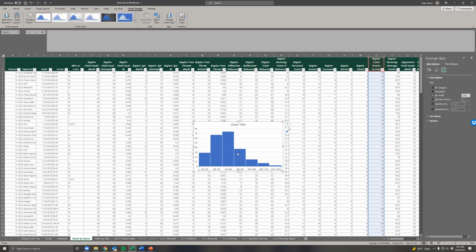Okay, so this is 37, 15, 7, and 2. Let's see here, 37, 15, what was this again? 7 and 2. So I'm going to do equals sum.